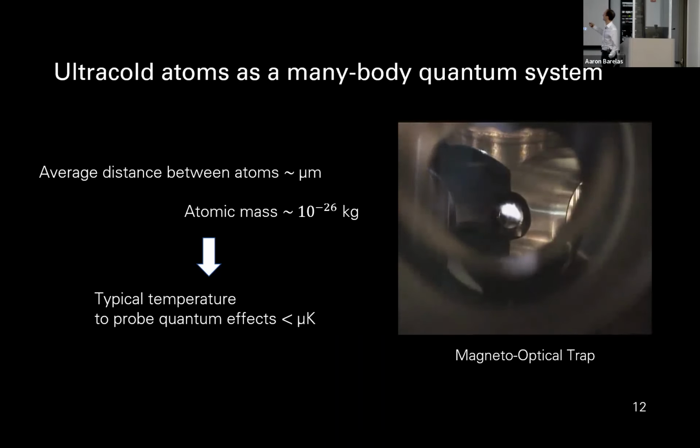And you can see these atoms fluorescing at the center of the chamber and being cooled down, in this case, to temperatures comparable to the millikelvin range. Further cooling techniques then allow you to ultimately probe these quantum effects in the microkelvin range.